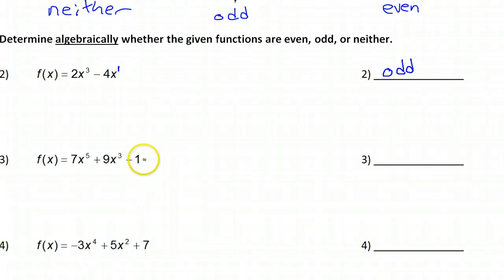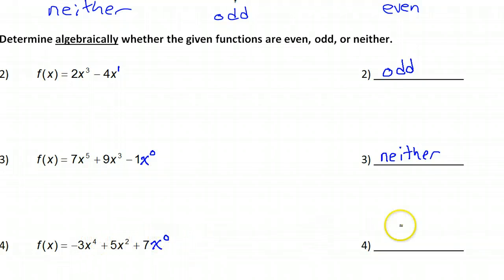Now this constant is like having x to the 0 power. 0 is an even number, so I have two odds and an even, so that means I know this is going to be neither even nor odd. Now similarly down here I see the exponent of 4 and 2, and once again this constant is like having x to the 0 power. Again, 0 is even. So all even powers, so therefore I know this would be an even function.